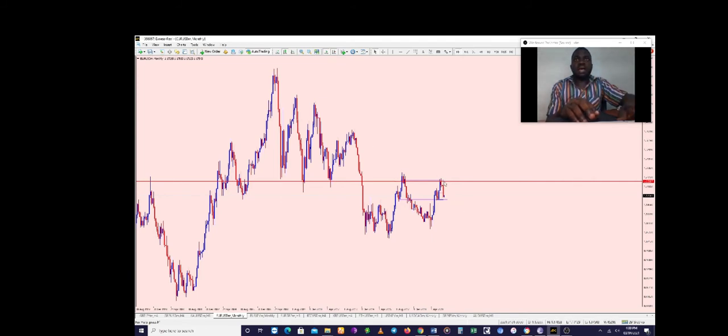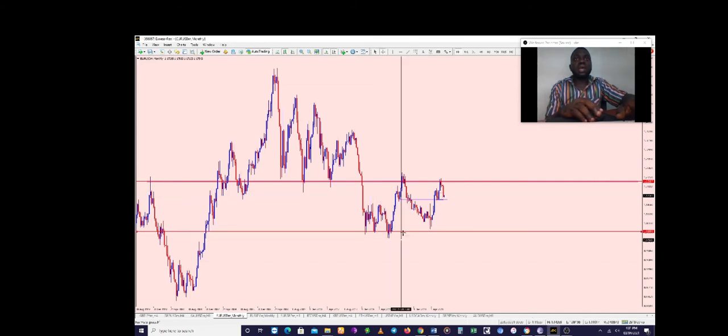So here, after identifying it as a support and resistance, what I will do is just use my rectangular tool to mark it as a zone. Okay, so I have now marked it as a zone. A typical one too will be here. Now this is the monthly time frame, so it is very important you establish that. So we have support and resistance right here.